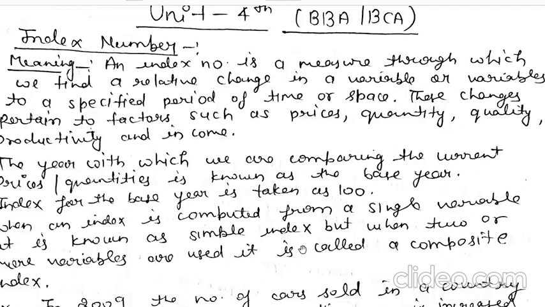But when two or more variables are used, it is called a composite index. So if you are asked for the definition of simple index or composite index, you can write it very easily. When an index number is computed from a single variable, it is called a simple index. When two or more variables are used, it is called a composite index, right?